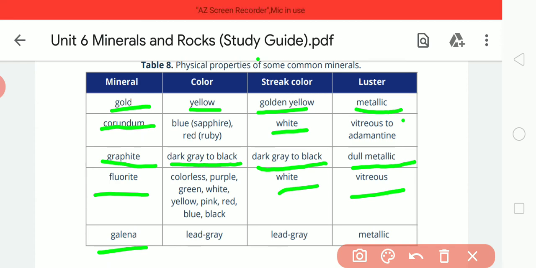Galena has a lead gray color, and for the streak color, it has the same color physically, which is also lead gray. And for the luster, it has metallic luster.